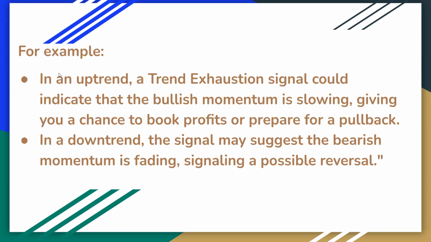For example, in an uptrend, a trend exhaustion signal could indicate that the bullish momentum is slowing. That is what we need, giving you a chance to book profits, or you can prepare yourself for a short trade in that particular asset. In a downtrend, the signal may suggest the bearish momentum is fading, signaling a possible reversal in the market.